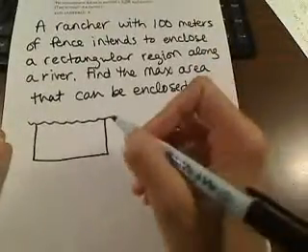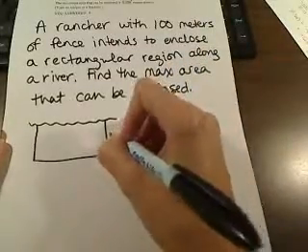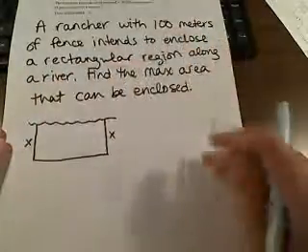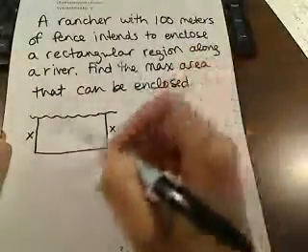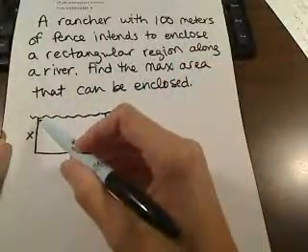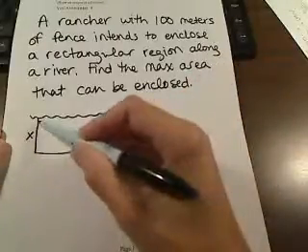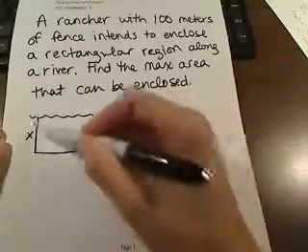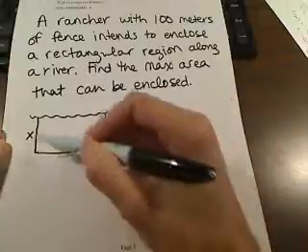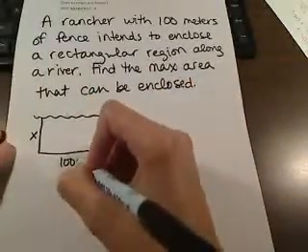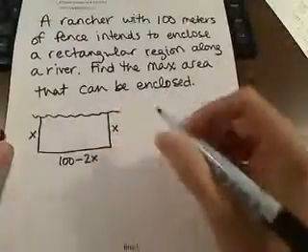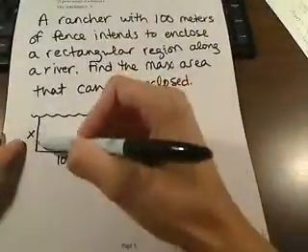So I'm going to go ahead and let the width here be x. And if the width is x, and we know that we have 100 meters to work with, then I've got 100 meters that needs to be used in and amongst these three sides. So this side right here, the length, would actually be the total, which is 100 minus whatever I'm using on these sides.